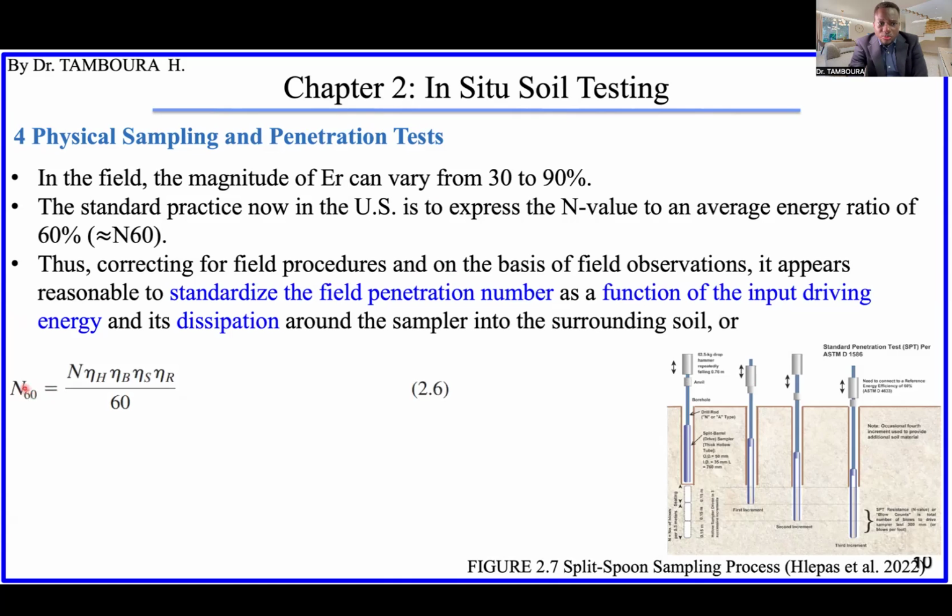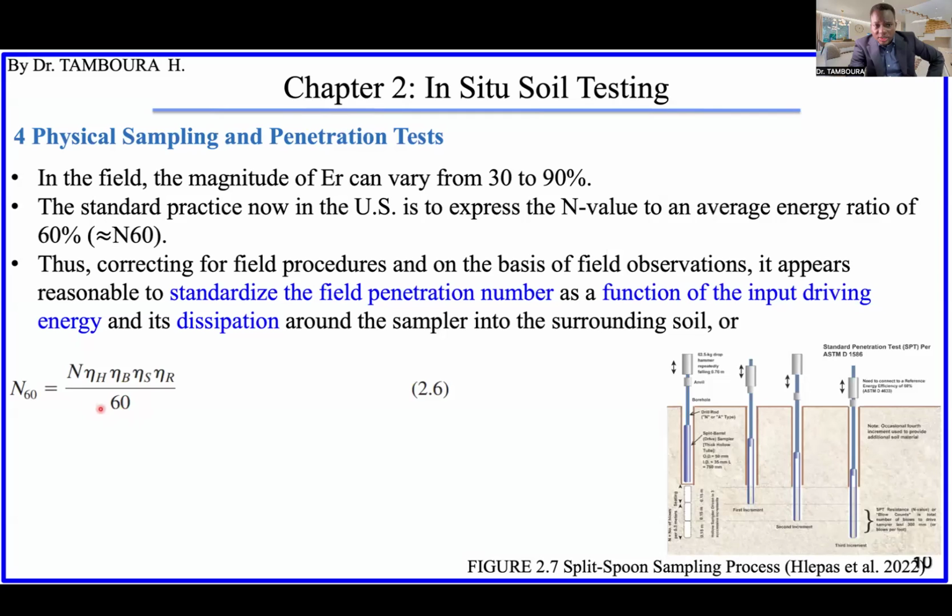So the N60 will be N multiplied by these factors. Can you see these factors? We will see what is the meaning of these factors.